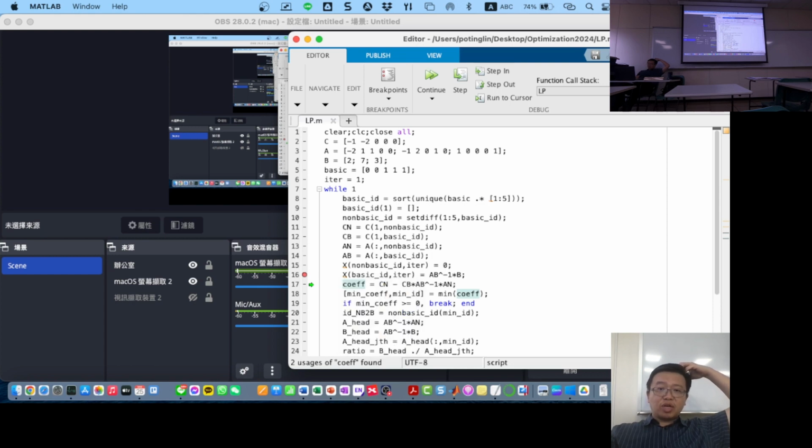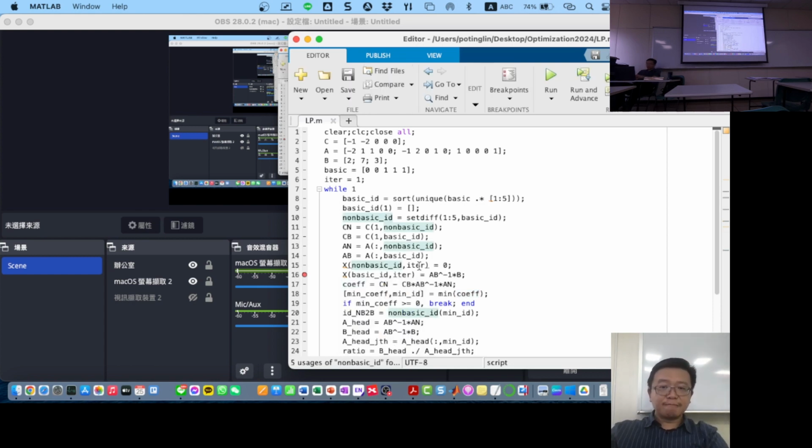Do I want vertical or horizontal? It doesn't matter.